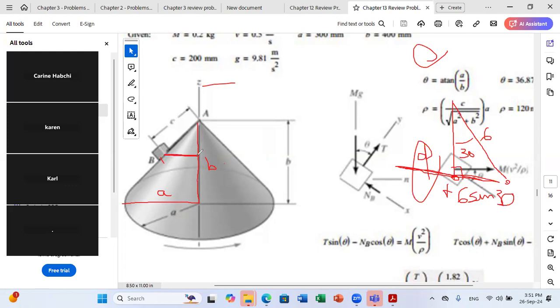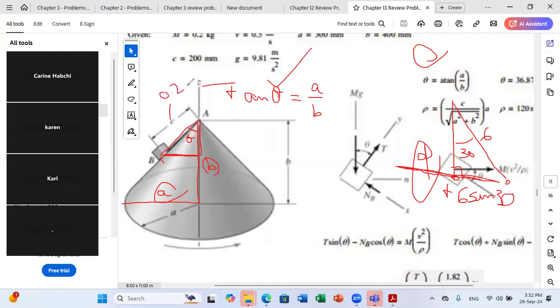So you just have to do some geometrical calculation. Since you know A and B, you can get the angle theta. You can say that tan theta is equal to A over B, so theta is tan minus 1 of A over B. Once you get theta, in this small triangle here, I know that C is 0.2 meters.